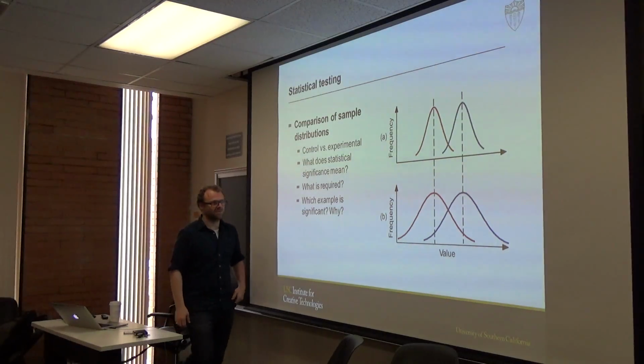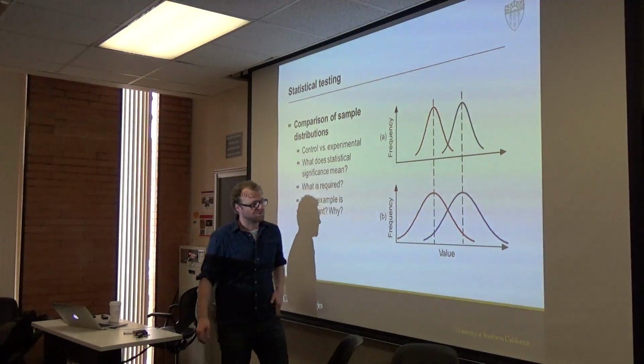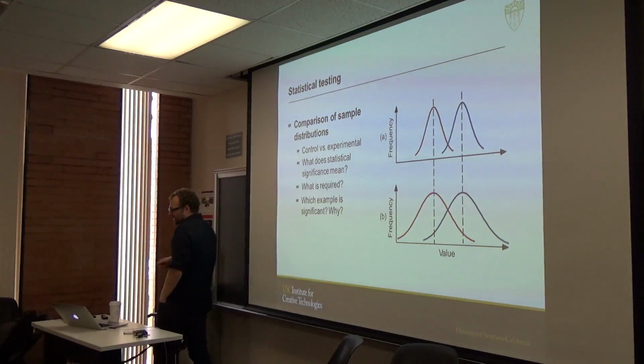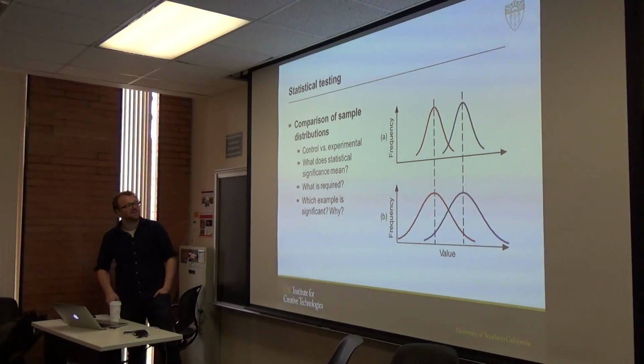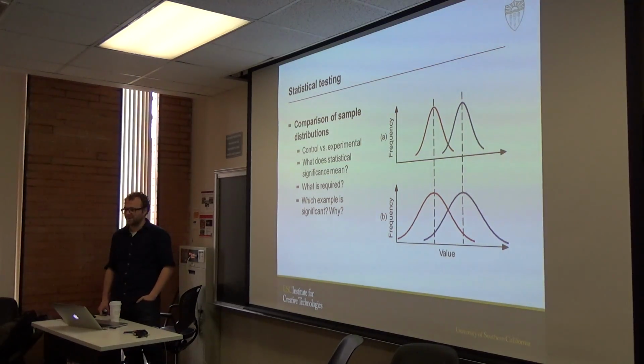We also need to take into account the standard deviations of these distributions, and obviously there's a lot less overlap between red and blue in this case than between red and blue in that case.